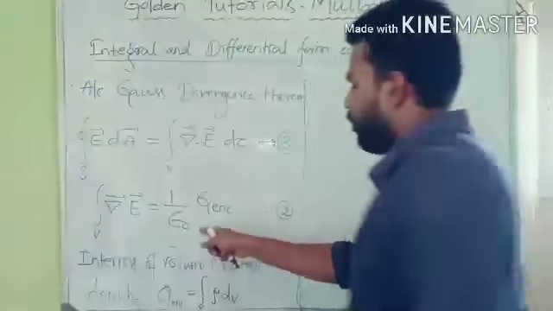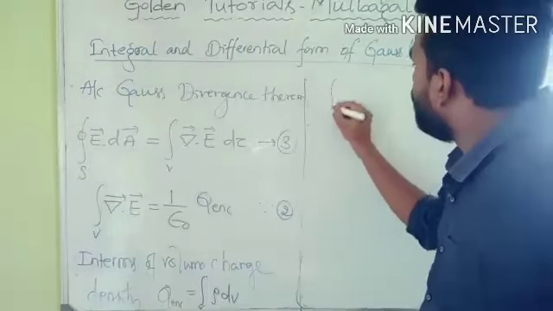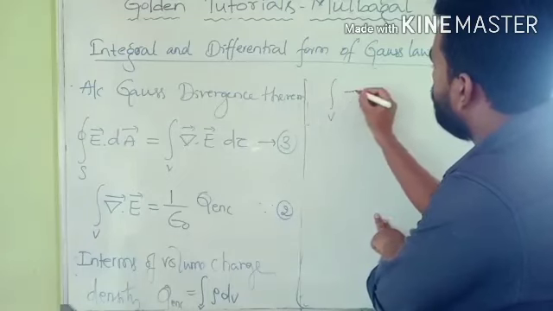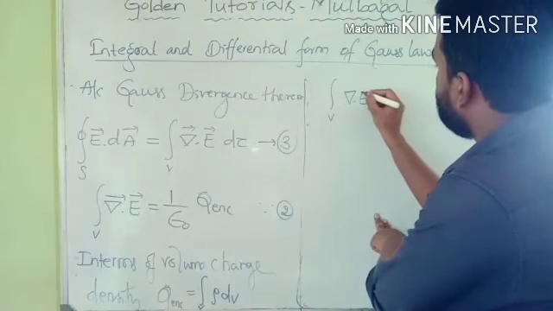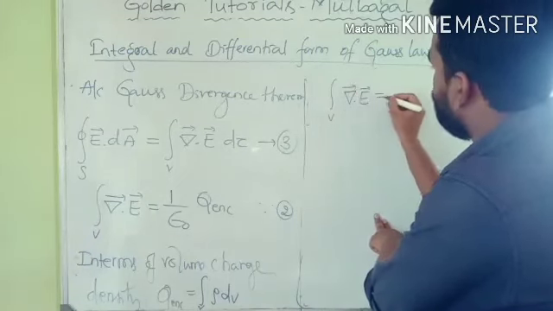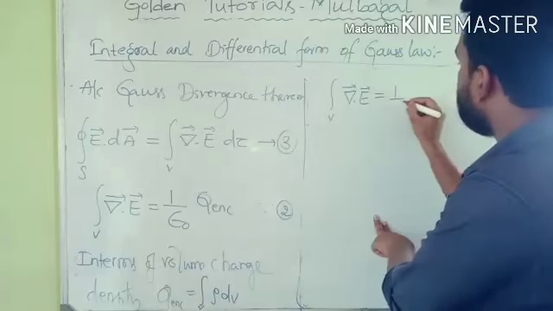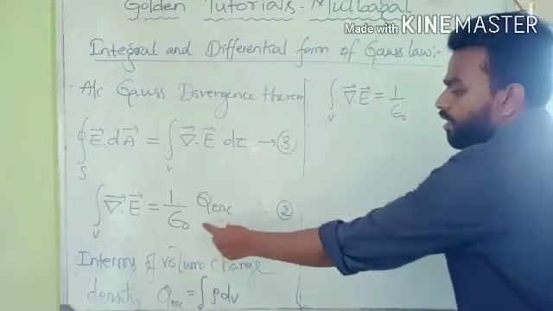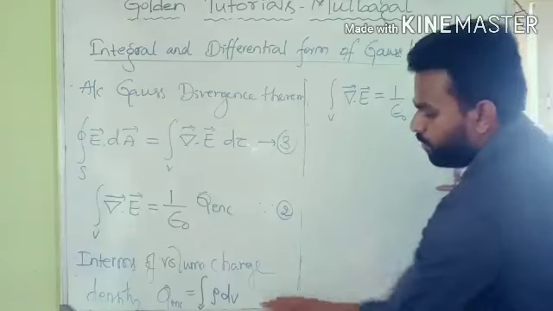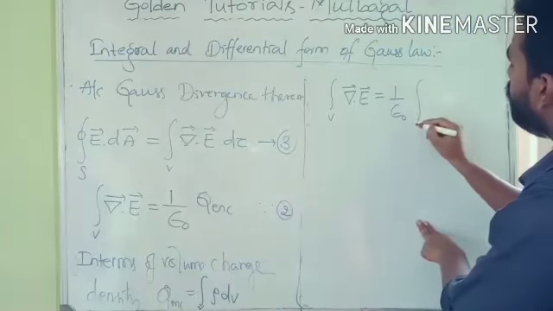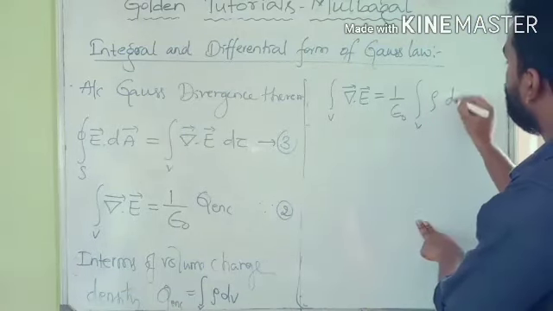So the above equation can be written as the integral over the volume of del dot E is equal to 1 over epsilon naught times the total charge enclosed, which in terms of volume charge density is the integral over the volume V of rho dV.